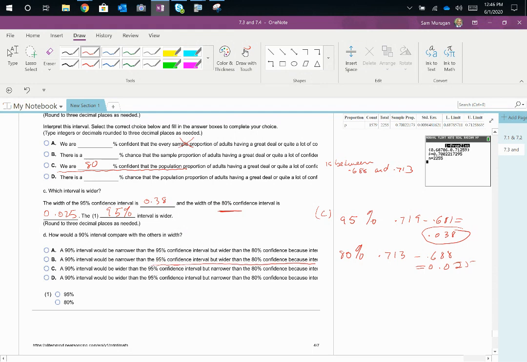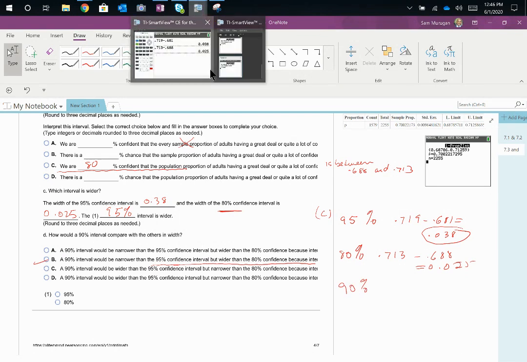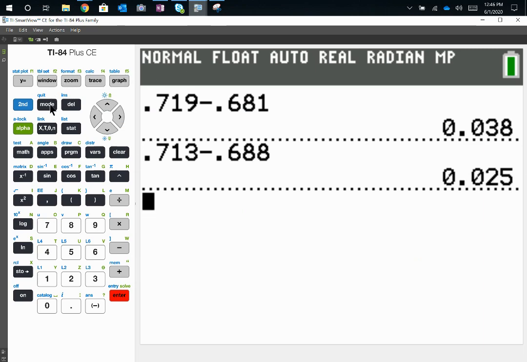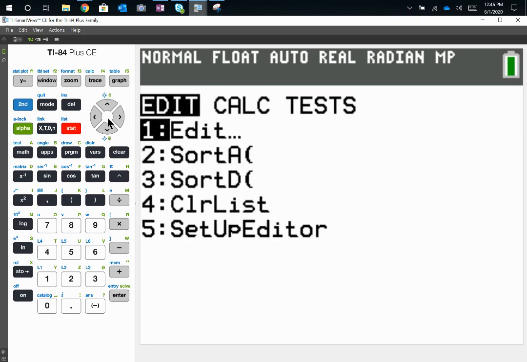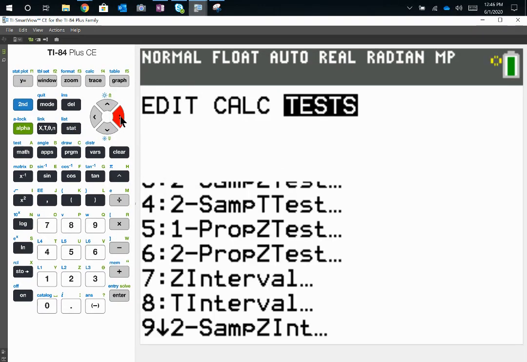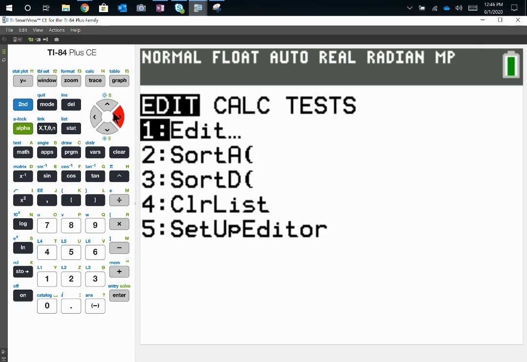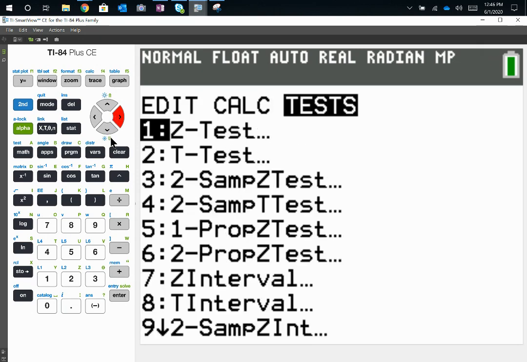Make sense? And you can actually check that. If you wanted to do a 90%, simply go to the calculator and change that to a 90%, and you'll see exactly what I'm talking about.